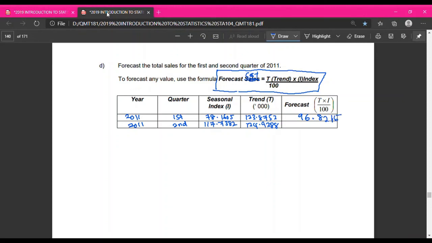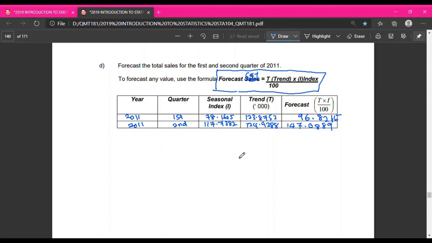So ini kita nak forecast the cost, the variable kita. So for the second quarter 2011, the forecast value is 147.0889. So ini cara you nak forecast the variable. So in this case, forecast the advertising cost.